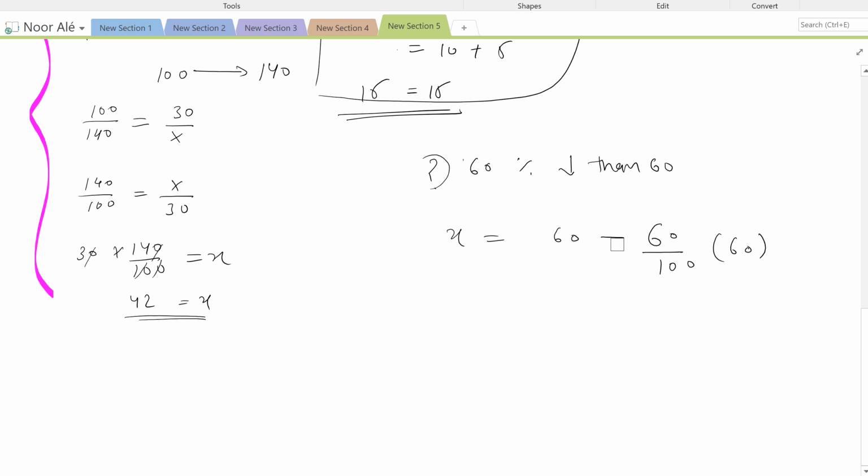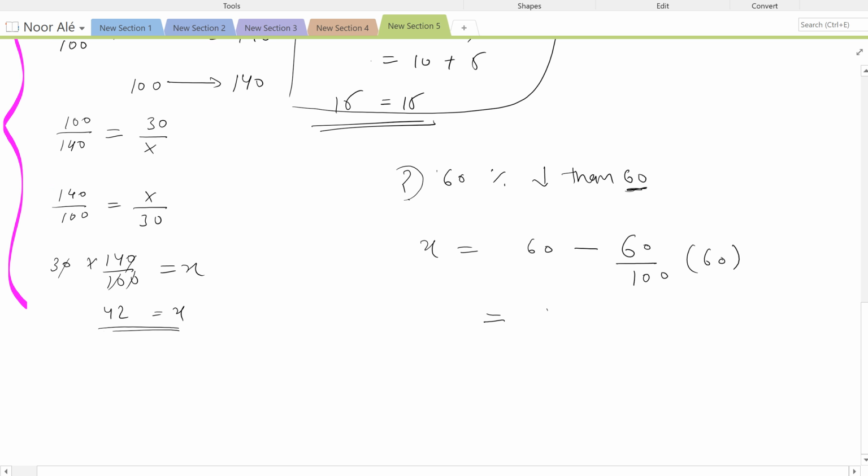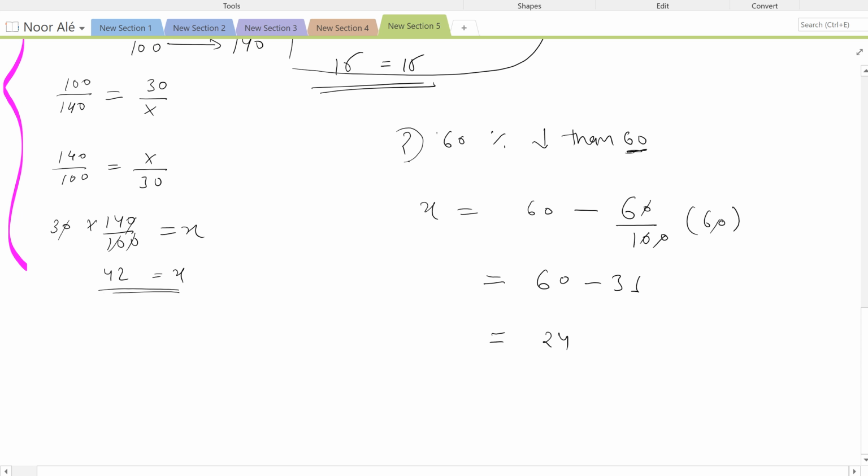So 60 goes there, minus. So you reduce it by 60% of the number, whatever number you have. If you have 20 there, you write 20. If that is 60, 60 goes here. Whatever number you have there, it just goes there. And you simplify that. Zeros cancel out.